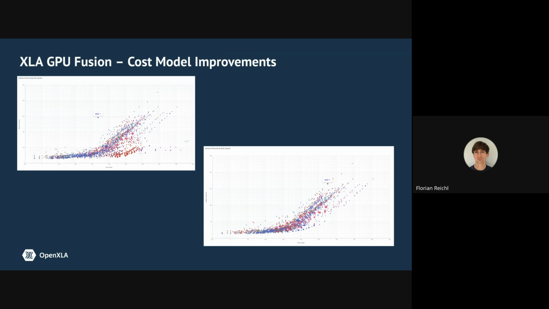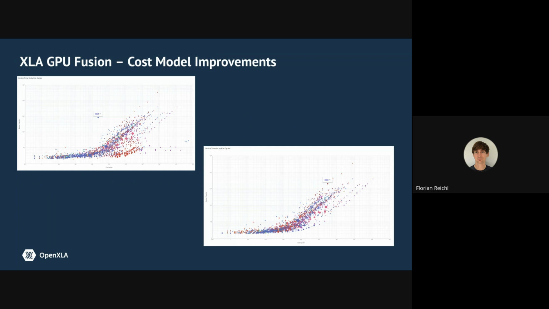So it will basically look at the HLO and say, if I was codegenning this, how would I launch it? And then it uses the launch grid to, again, predict the memory bandwidth. If you only have a very low occupancy, you get lower memory bandwidth, right? So that's one line of work that's currently happening.